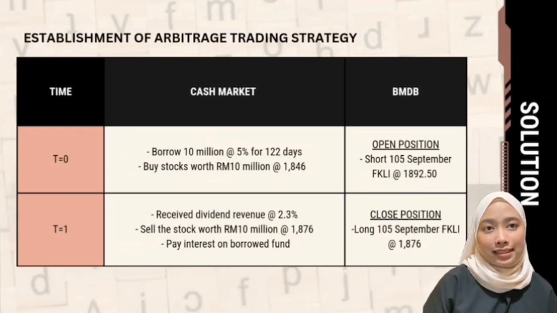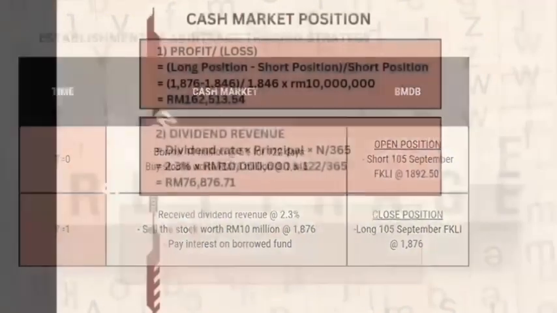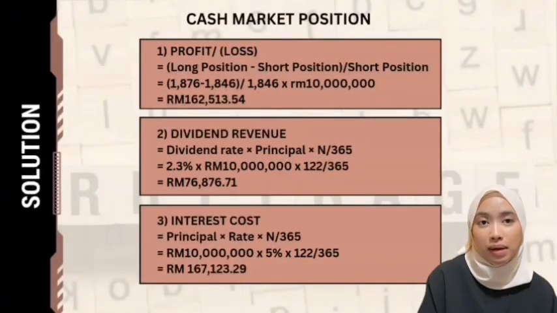Later, the trader receives dividend revenue at 2.3%, then sells the stock worth 10 million at 1876, then pays interest on the borrowed fund. And later on Bursa Malaysia Derivatives Berhad, the closing position is long 105 September FKLI at 1876.